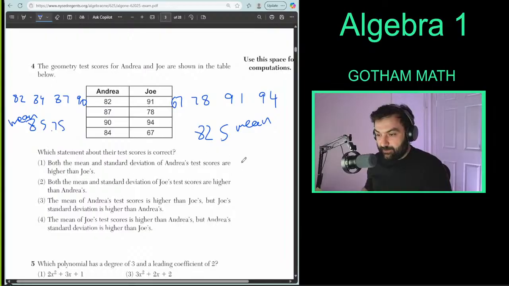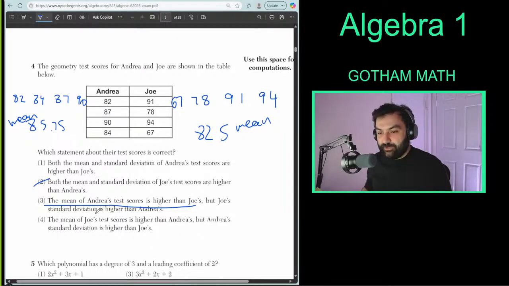Both the mean and the standard deviation. Okay, so this might be the answer. Both mean and standard deviation of Joe's test scores are higher. No. The mean of Andrea's test scores is higher than Joe's. So that's yes, that's part yes.